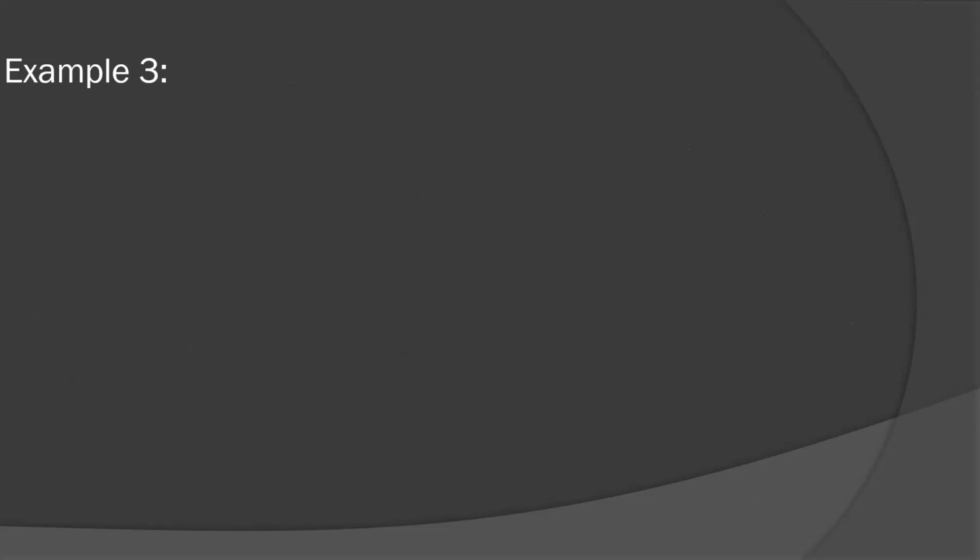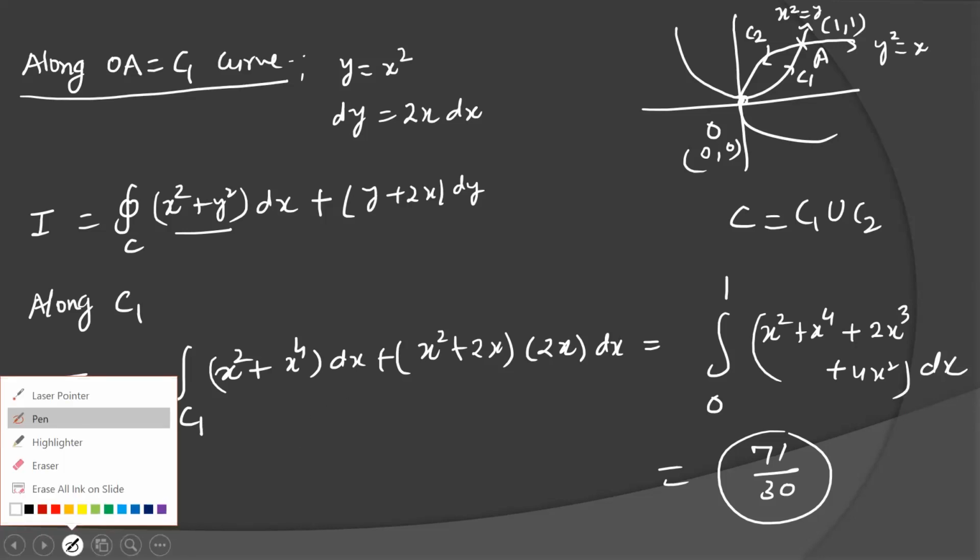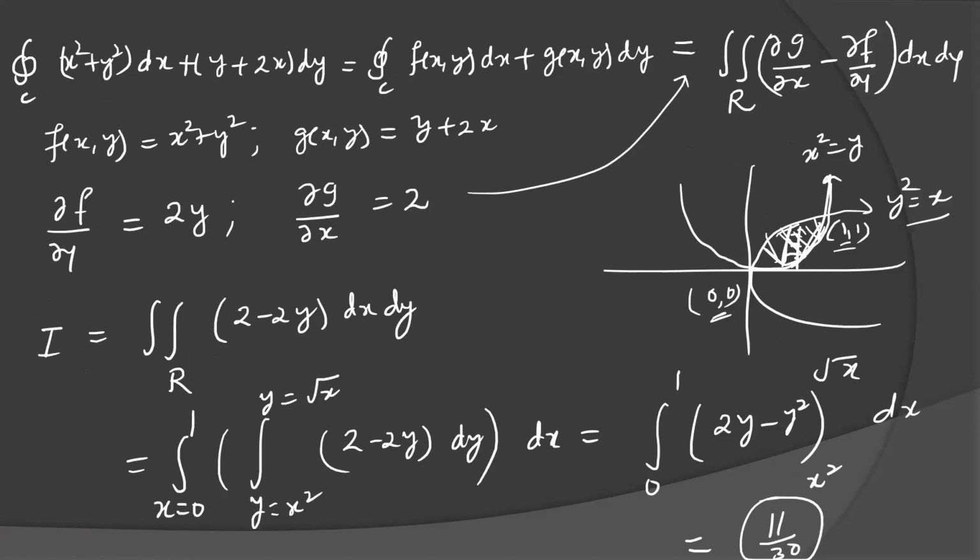Now we have to find along curve C2. Along curve AO, that is C2. What is your C2 here? y square equal to x.